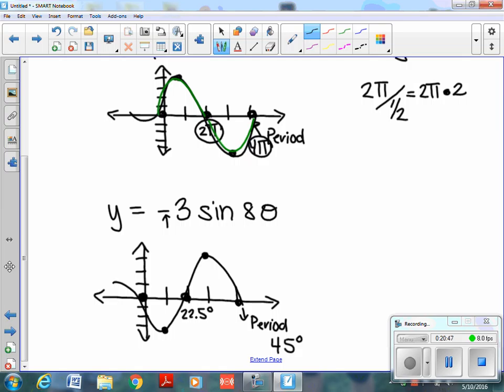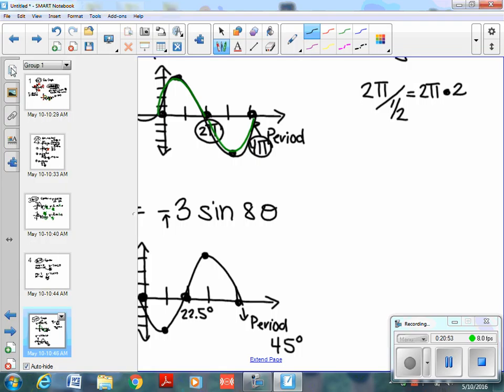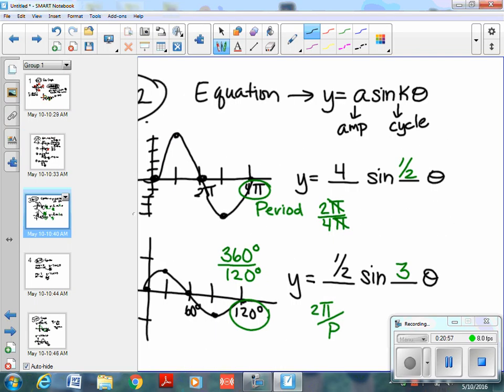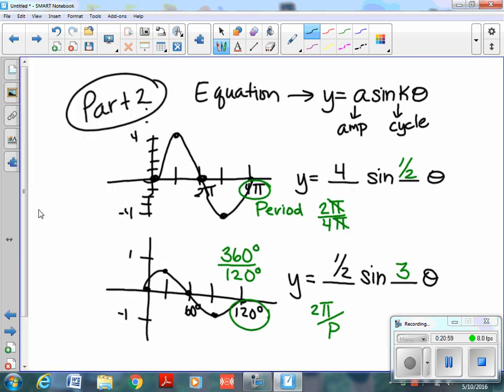Okay, now I need to go back to part 2 and part 3 because I forgot something. And this is what I forgot. If they want you to write an equation, and this is the equation, y equals a sine of k theta, and they give you a positive and it looks like this, it's going to stay a positive 4.